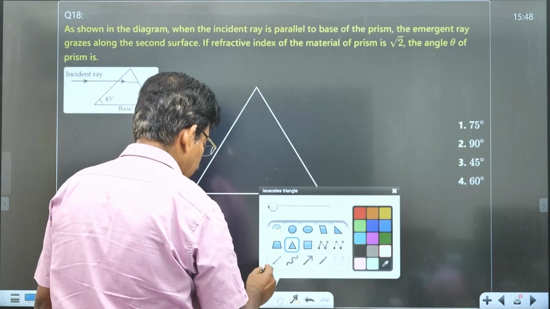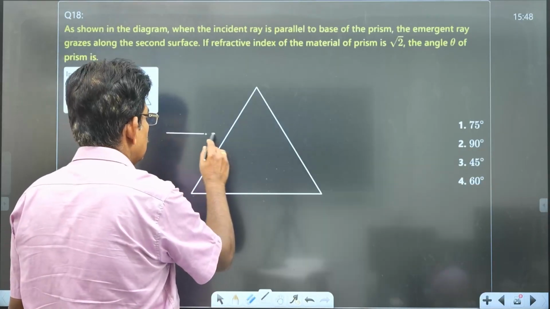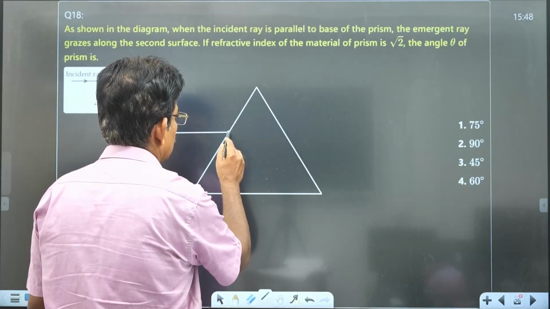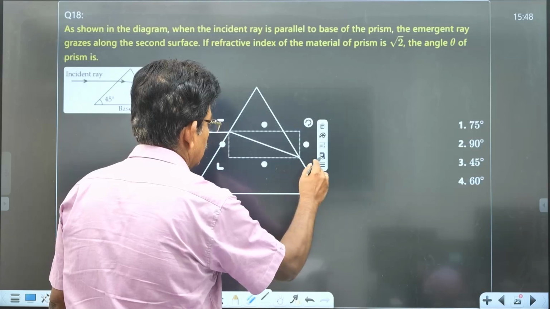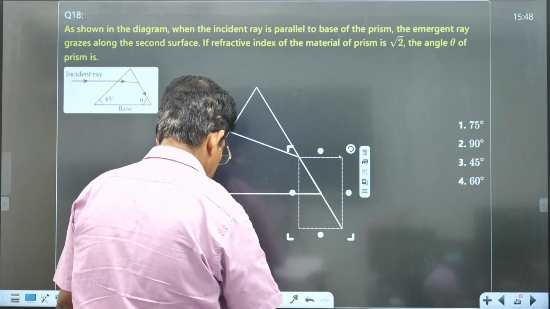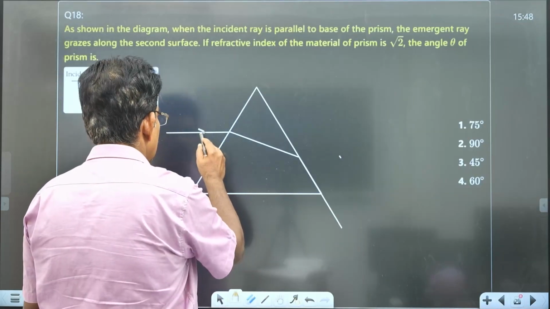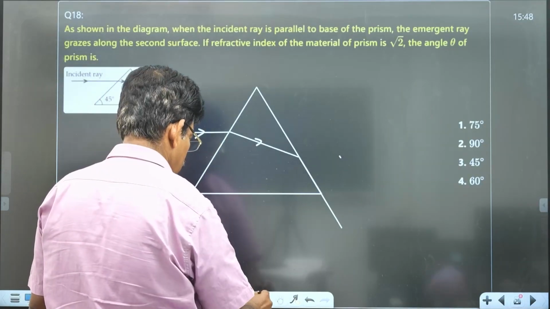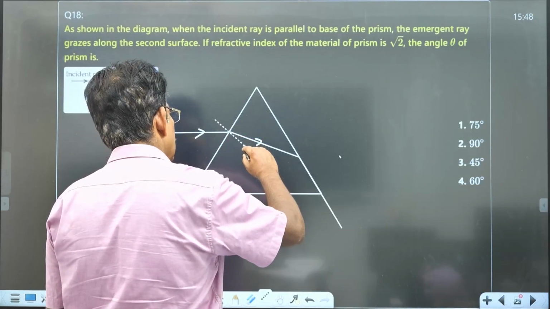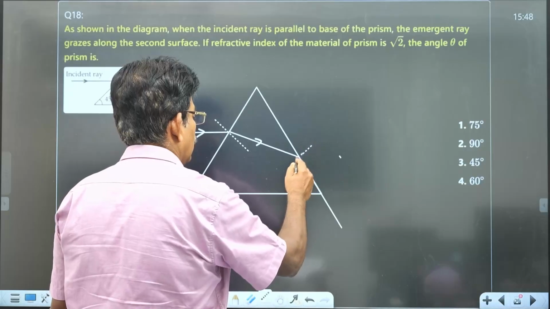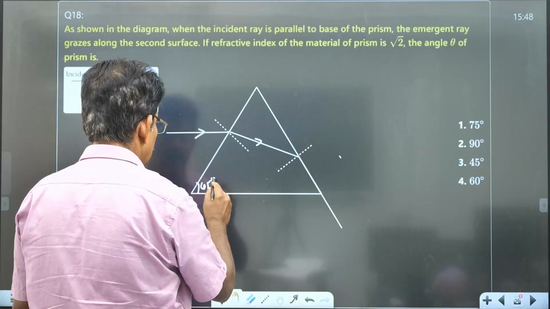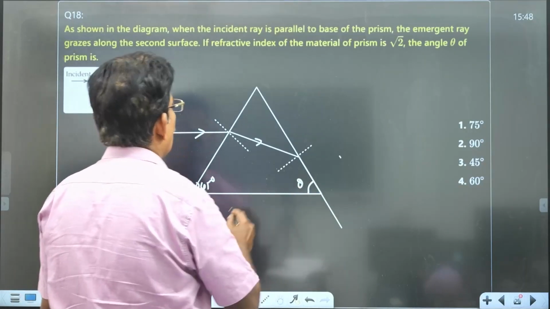It is told that here I draw the normal. This is given to be 45 degree. This is given to be theta.